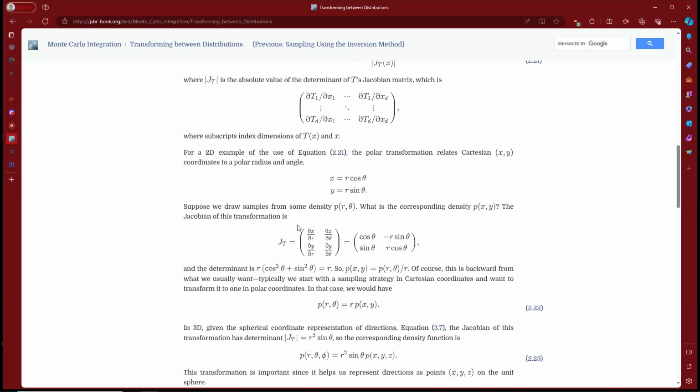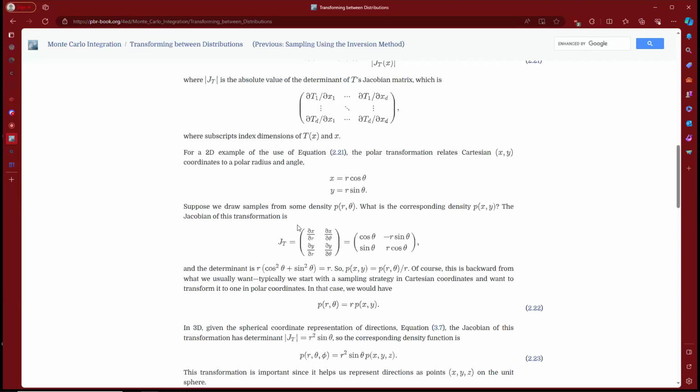The determinant of this is r times cosine squared of theta plus sine squared of theta, which you can replace with 1, so it's just r. Okay, the probability distribution p of xy is then p of r theta divided by r.